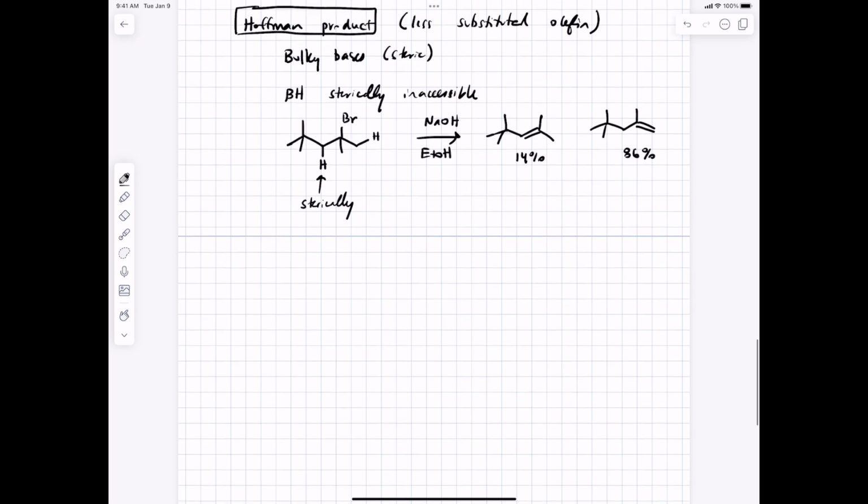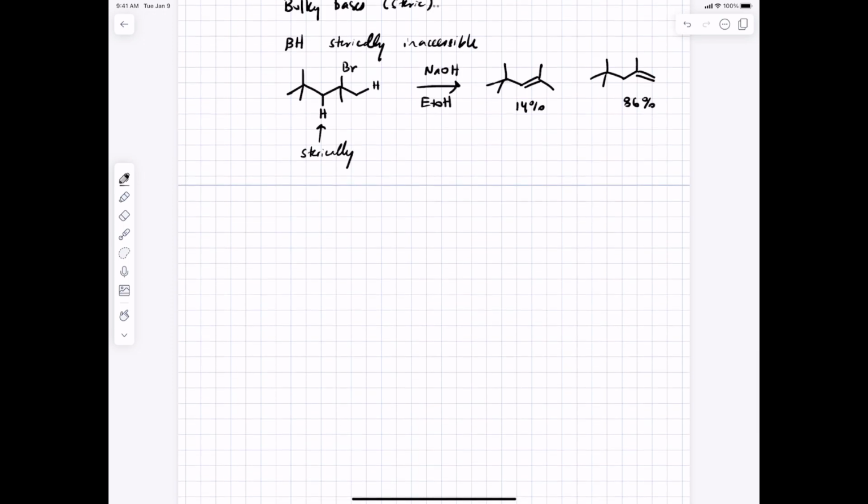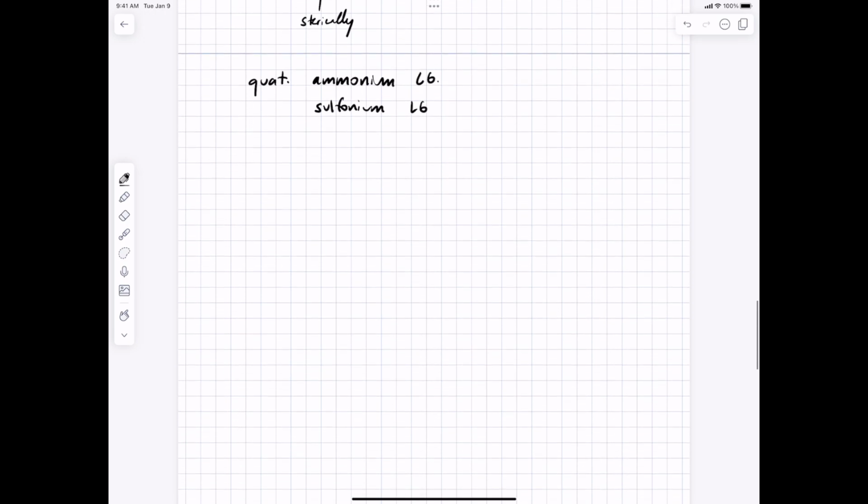Let's see, there are some leaving groups that preferentially favor Hofmann regioselectivity. So some examples of this are quaternary ammonium leaving groups, and also sulfonium leaving groups. So let me see if I can give you an example of that.